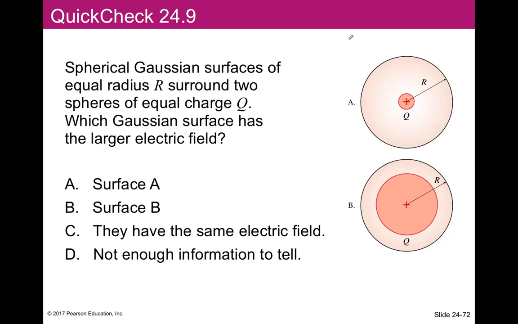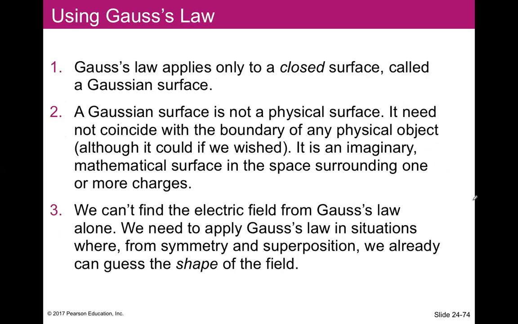Okay, so who wants to choose A, or B, or C, or D? Okay, so they have the same. As we said, if you have the same net charge inside the surface, then the flux should be the same.